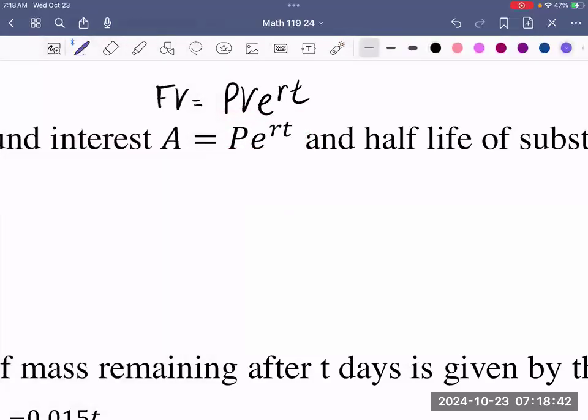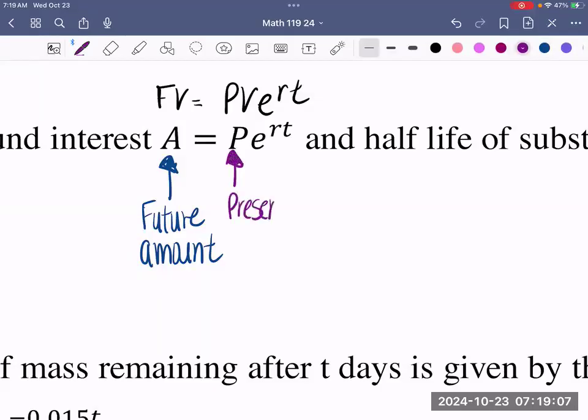Now this A amount, or FV, is your future amount. Future amount, future value, your worth, your end amount, your end value. So anything that is something that we haven't achieved quite yet. Your PV, or your P, is called your present value, or your principal.